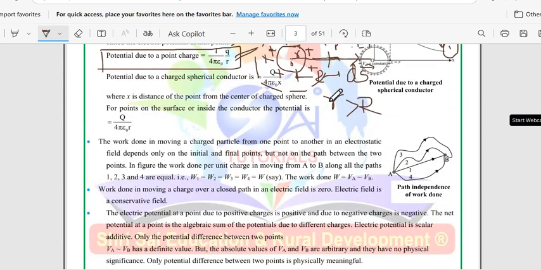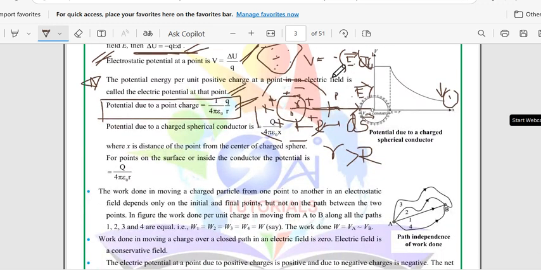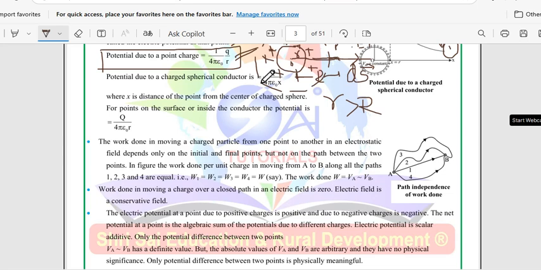If you go on substituting in this equation, E is equal to 1 divided by 4 pi epsilon naught into Q divided by r square. Now V will become minus, Q is common here, and 4 pi epsilon naught is also common.